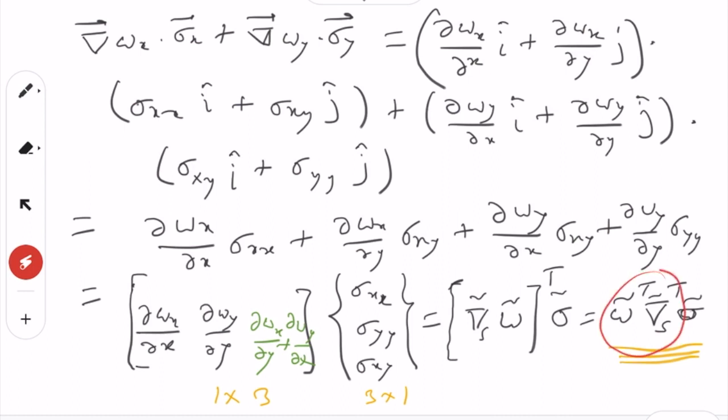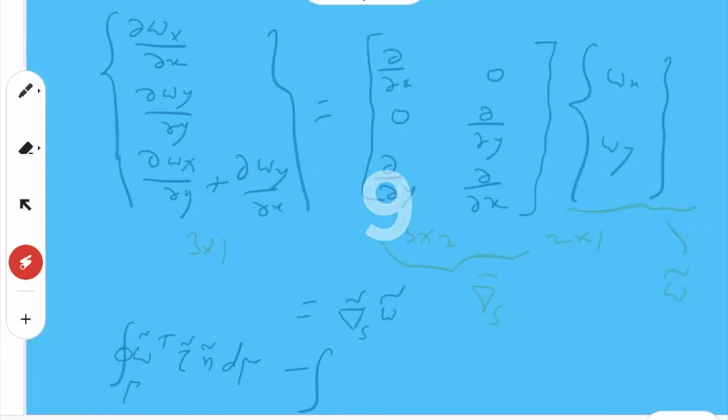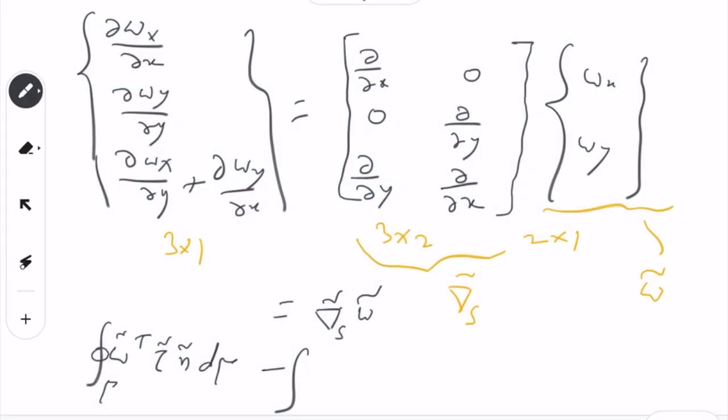Then we have the second one, and the second one is this one. So this is w transpose del s transpose sigma, and this is over the whole domain.